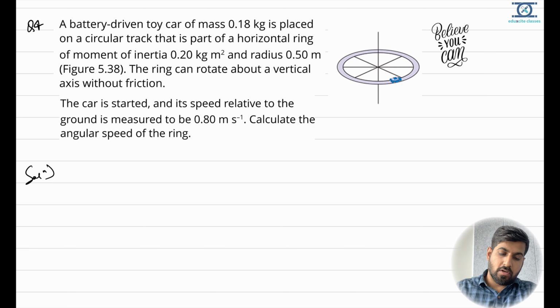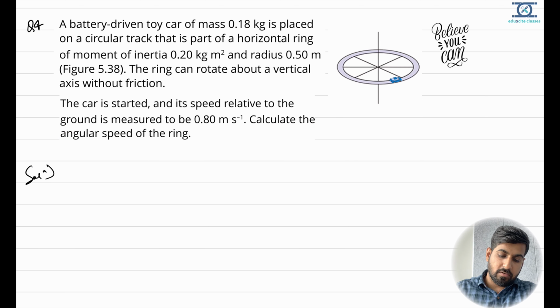So always remember the angular momentum. Okay, angular momentum is also equal to mvr, and mvr is equal to I omega, right? Now moment of inertia is given to you, mass is given to you, radius is given to you, and the speed relative to the ground is also given to you.